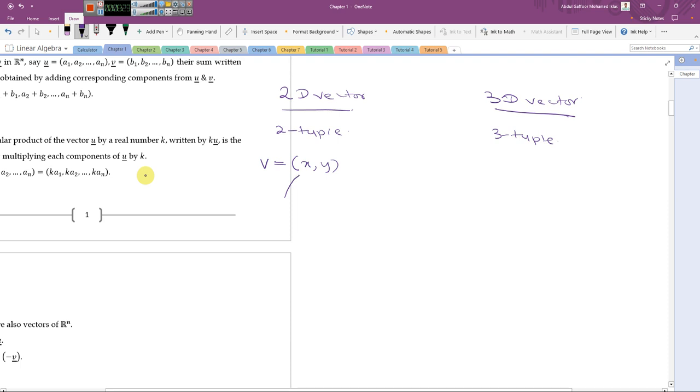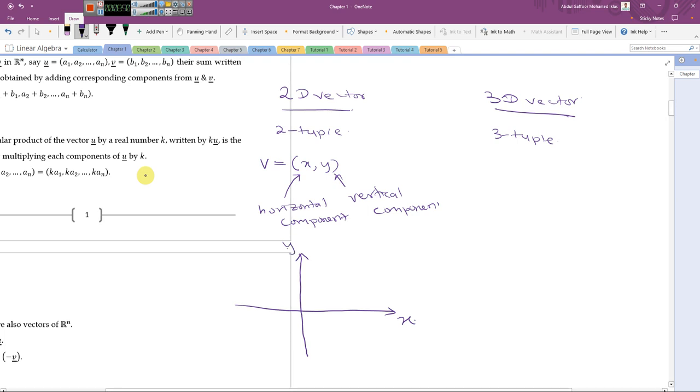So this is horizontal component, and this is vertical component. Now we will see how we can denote this vector on Cartesian plane, right? So let's say this is our Cartesian plane, this is our x-axis and this is our y-axis.